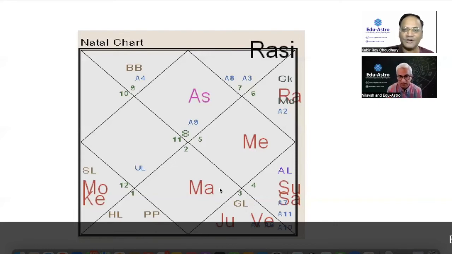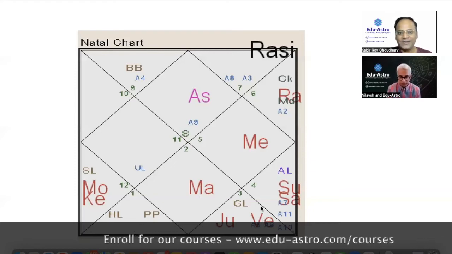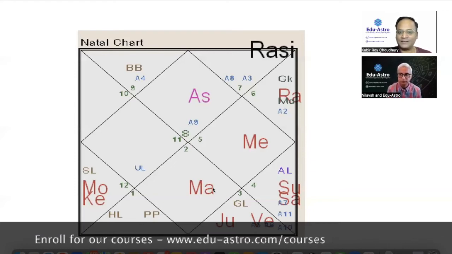On top of that, if we take Mars Dasha and Venus Antardasha, Venus is placed second to Mars. And when we take Venus Dasha and Mars Antardasha, Mars is placed 12th to Venus.